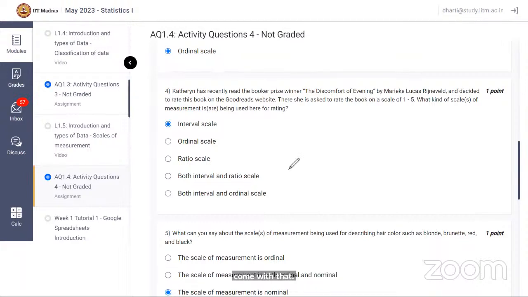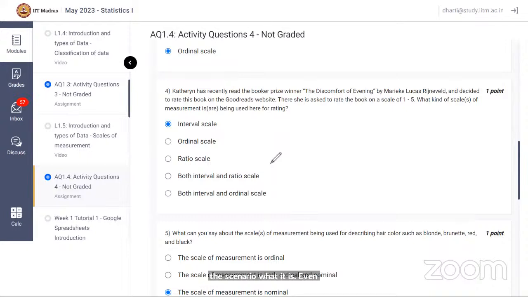Like 0 to 5 will be an example for ratio scale, right? If it is 0 to 5 also, then we have to look at the scenario, what it is.